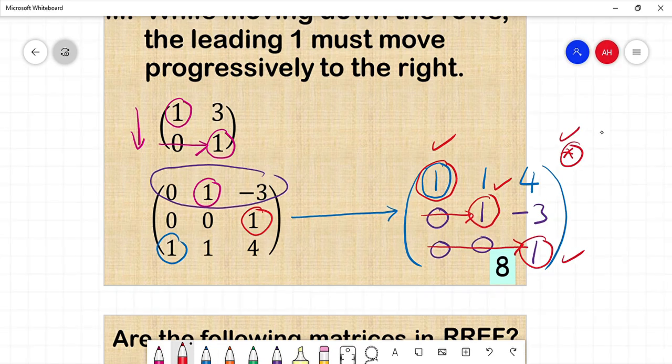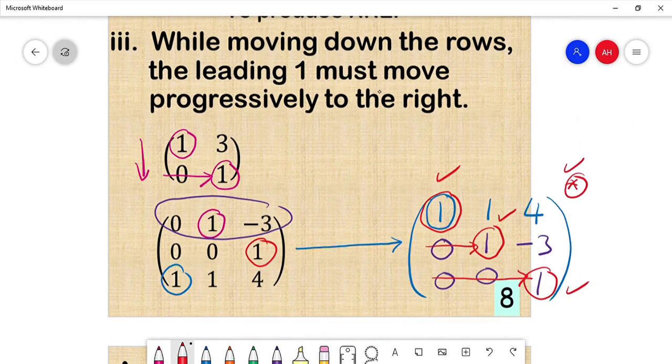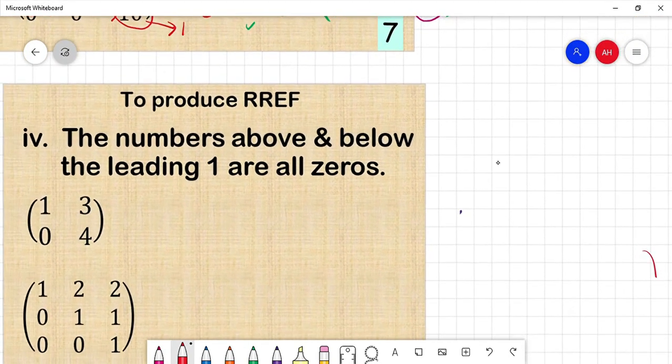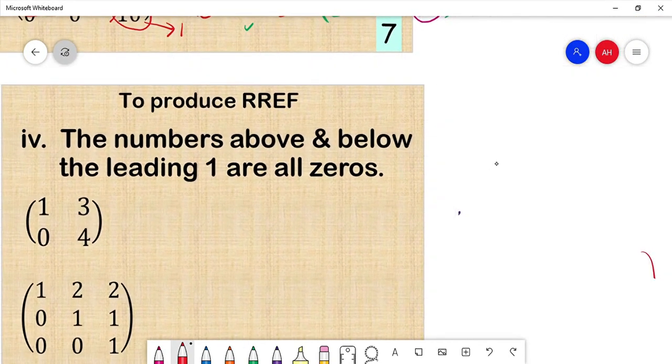That is, the leading one must move progressively to the right. I hope you understand what we mean by progressively move to the right. Those are three conditions to be in reduced row echelon form.